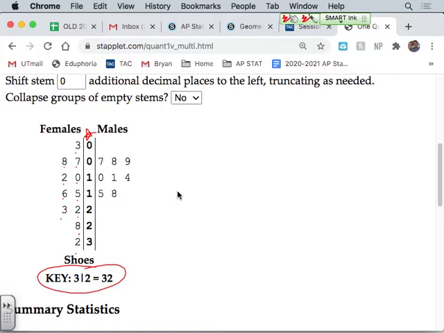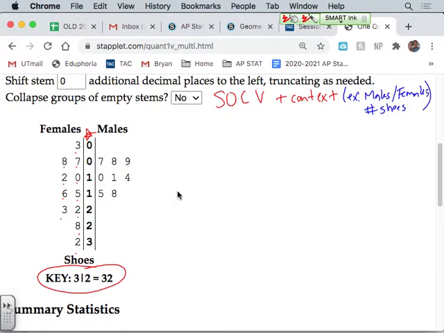So we want to do SOCS, and then we also want to add context to our sentences. At least one sentence needs to have context. The example here is that the context is talking about males' and females' number of shoes. If all they had was the graph and my interpretation of it, could they know that we were looking at males and females number of shoes?